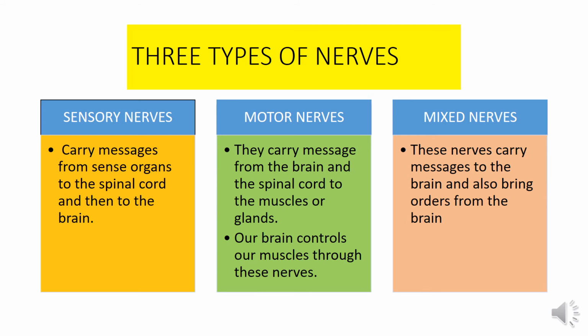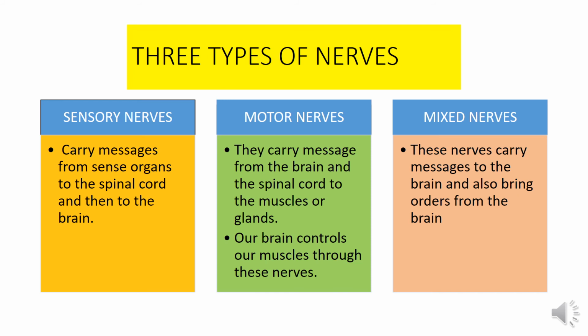What are sensory nerves? What is the difference between all these three? Let's study. Sensory nerves carry messages from sense organs. The name itself suggests: sensory nerves, sense organs, to the spinal cord and then to the brain. These nerves carry messages from the sense organs like skin, touch, nose, smell, ears, hear, eyes, see and tongue, taste, to the spinal cord and then to the brain.